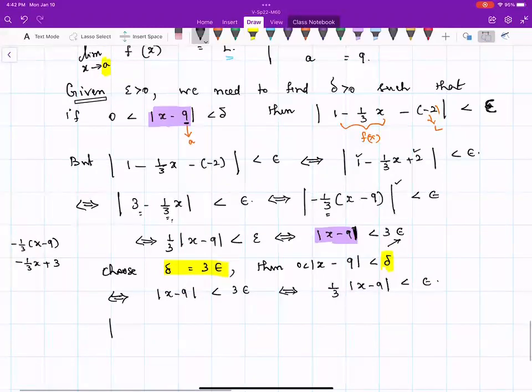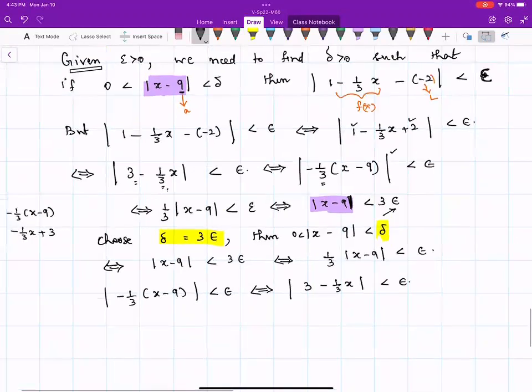This means negative 1/3 times x minus 9 would be less than epsilon, so 3 minus 1/3 of x would be less than epsilon.